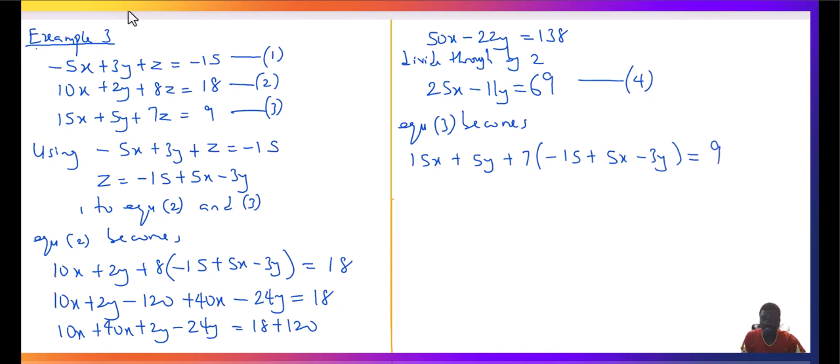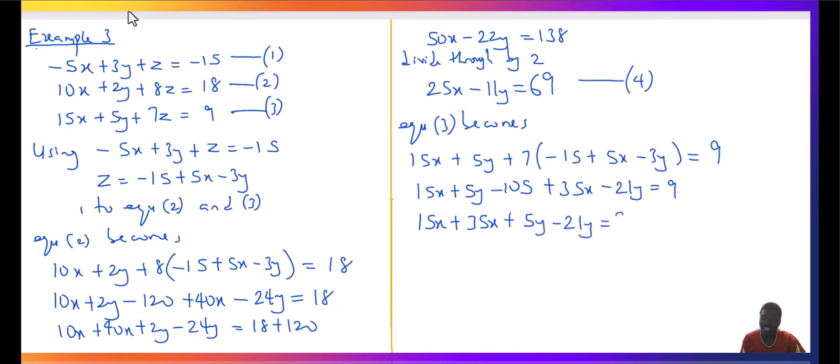So I have 15x + 5y - 105 + 35x - 21y = 9. Rearrange and collect like terms: 15x + 35x + 5y - 21y = 9 + 105. So this will make it 50x - 16y = 114.